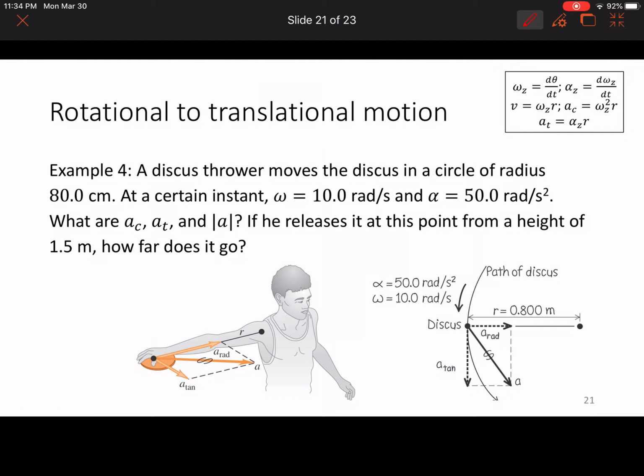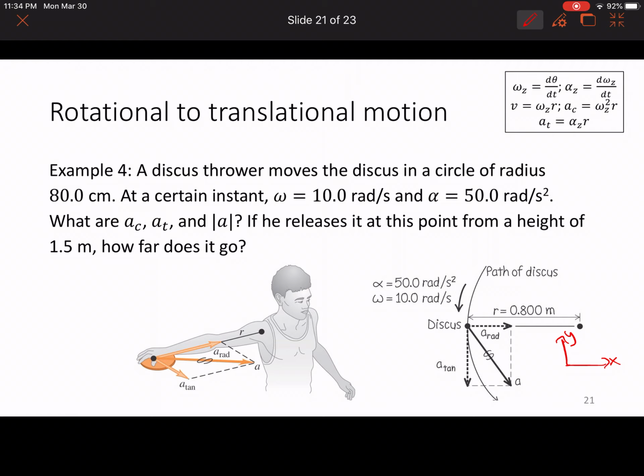The way these guys work is they start out at rest and they do this crazy spinning thing until eventually they release the disc and it goes flying and they win lots of medals. So imagine this guy is holding the disc within the XY plane, the plane of the board here, meaning that he's rotating around the z-axis as usual.